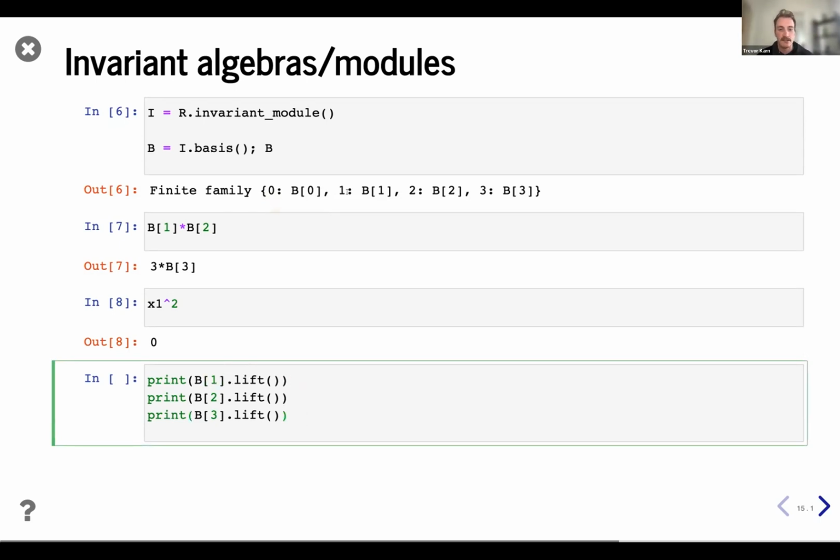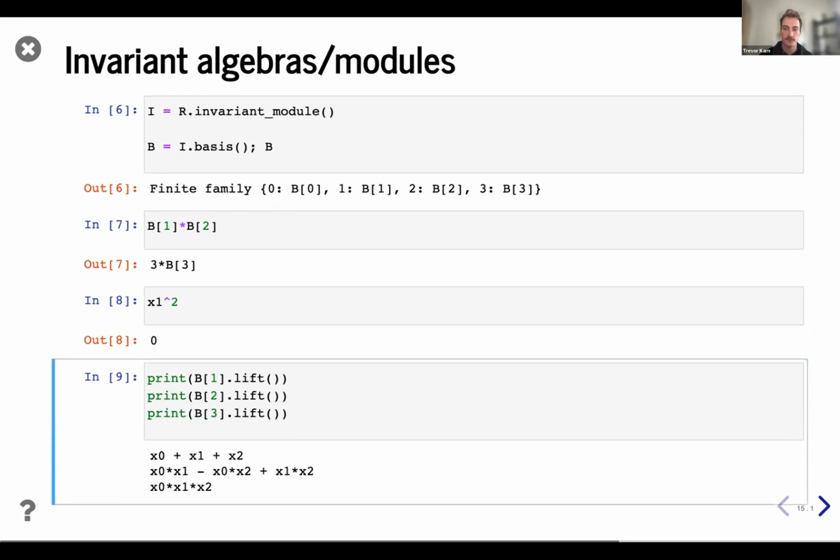to just stare at these B's, because maybe I want to actually understand what these look like in my original algebra. And so I'm going to go ahead and call the lift method on those to see what they are. Okay. So we saw x0, x1, x2. That was the first example of something that was in the invariant algebra. And then here we also have x0, x1 minus x0, x2 plus x1, x2.